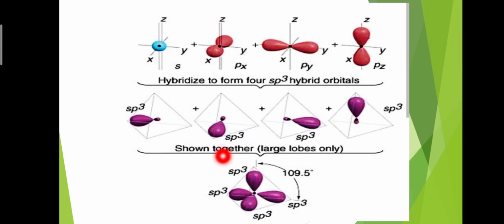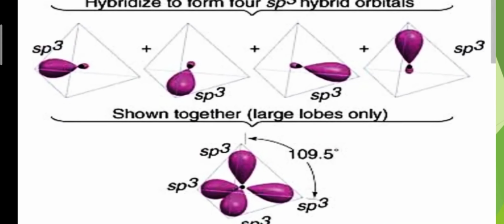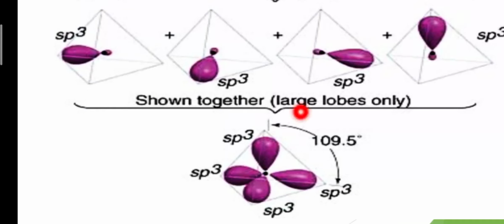Here only lobes are present. They hybridize to form 4 sp3 hybrid orbitals. The angle between these hybrid orbitals is 109.28 or 109.5 degrees.